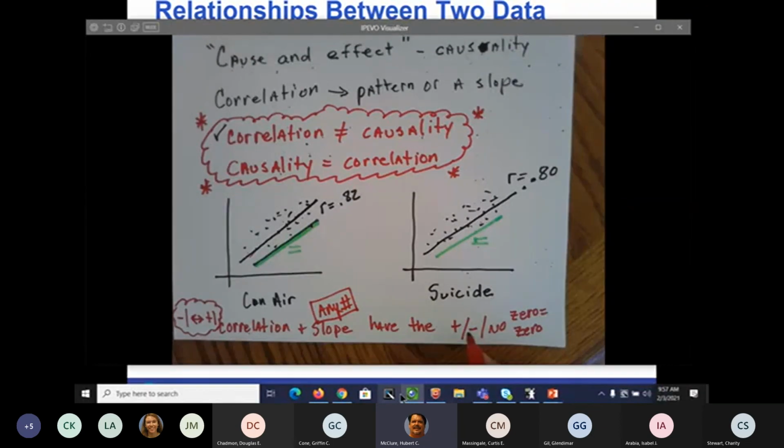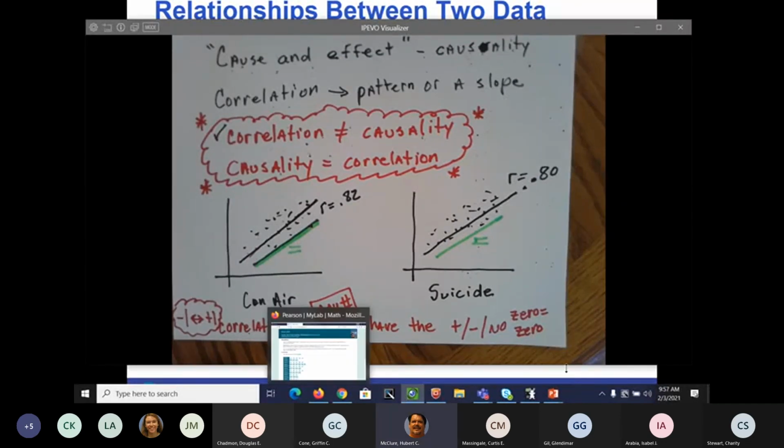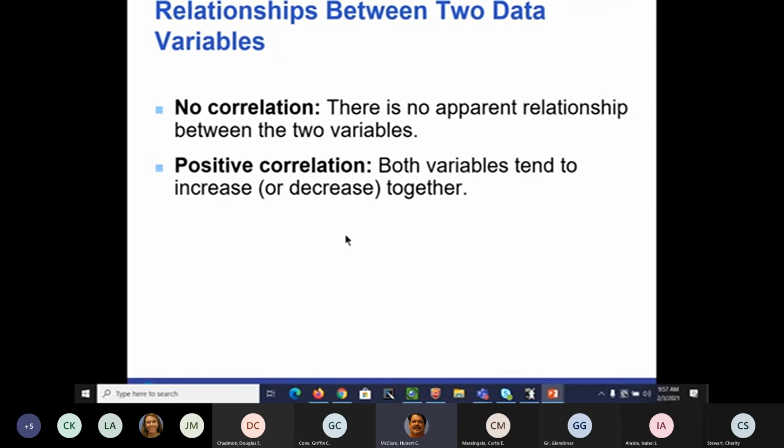Those three are relationships. If your slope is positive, your correlation is going to be positive. If your correlation is negative, your slope is going to be negative. If your correlation is a horizontal line, your slope is going to be a horizontal line. Okay? So I don't know if they're going to go that deep.